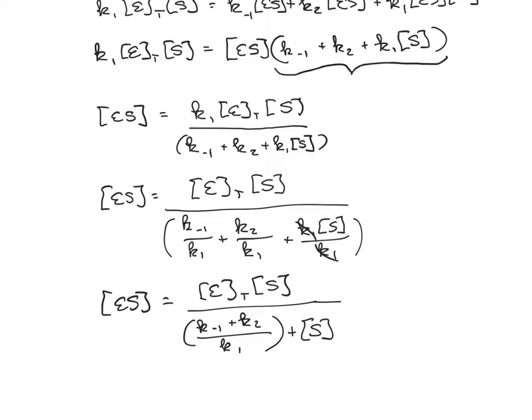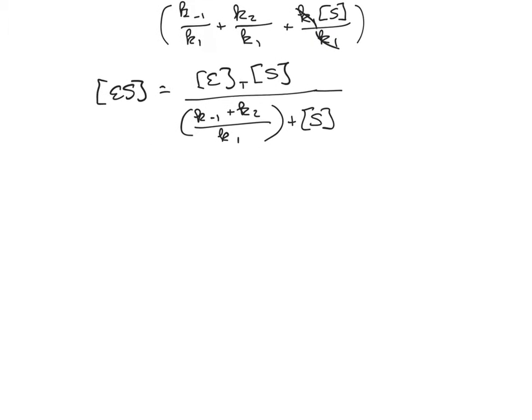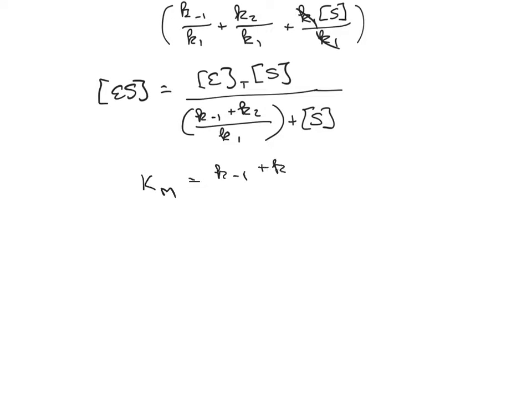So now I've gotten to equation 6 on my handout. And I did this. I got all of my K's grouped together because I happened to know that the definition for the Michaelis constant is K negative 1 plus K2 divided by K1. Gee, I wonder where that came from. So all of the rate constants, the K's, are constants.